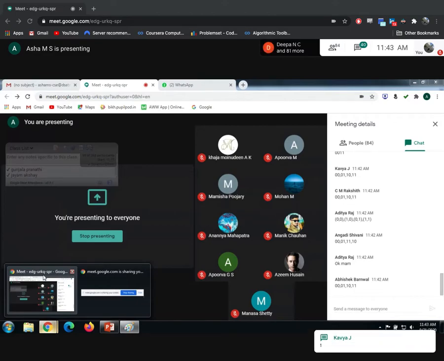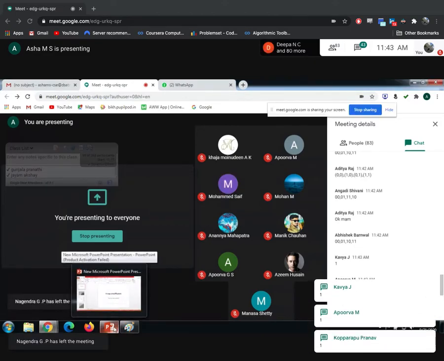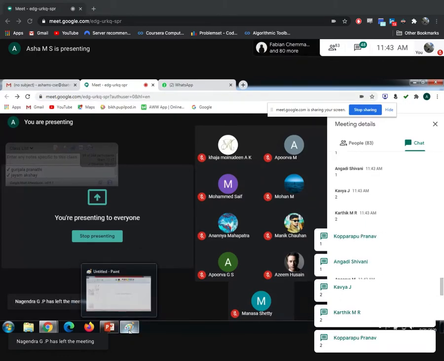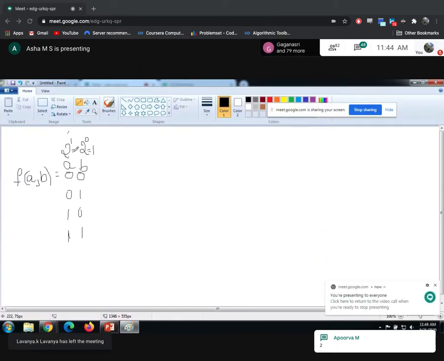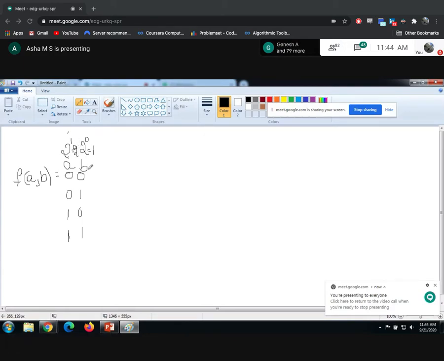Yes, it's 1. 2 to the power of 1 is 2. Correct, right? This bit is equal to 1. This bit is equal to 2. Hope it's clear. So this bit represents decimal 0.